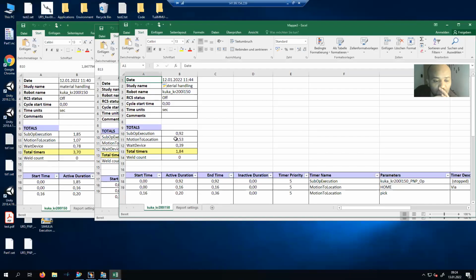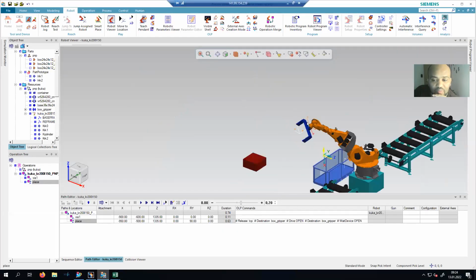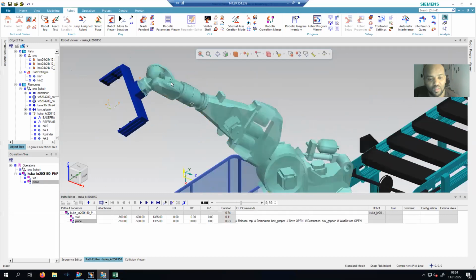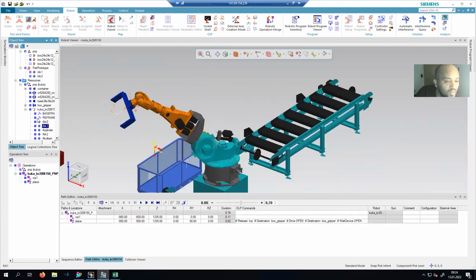Now, when we come to our model, this robot has these for each joint. Now if we focus, I don't know if we could access the models.